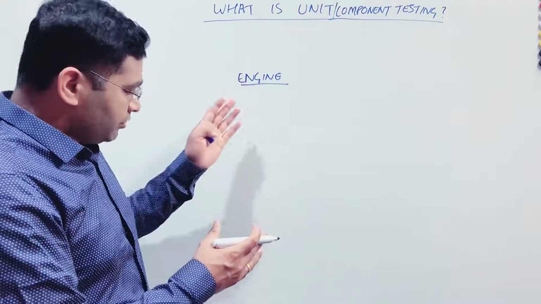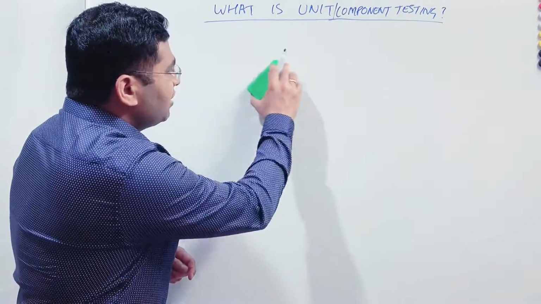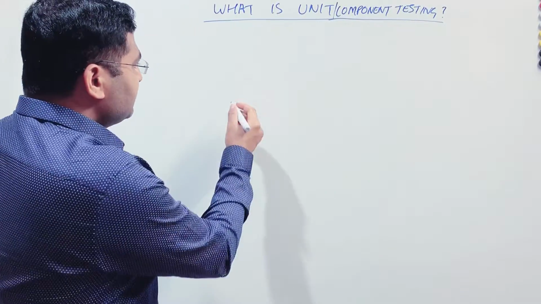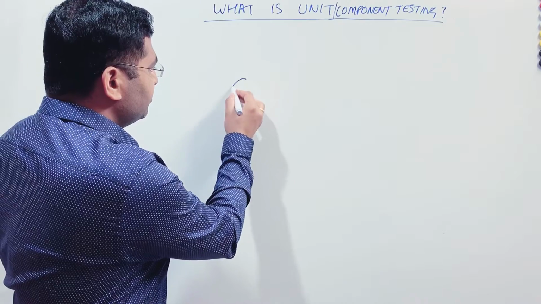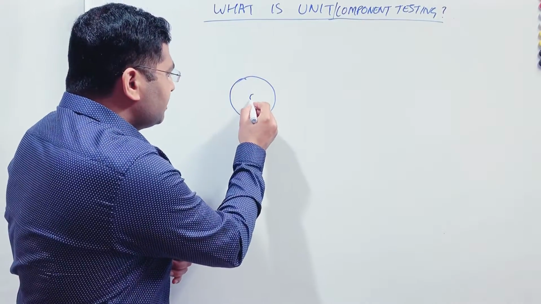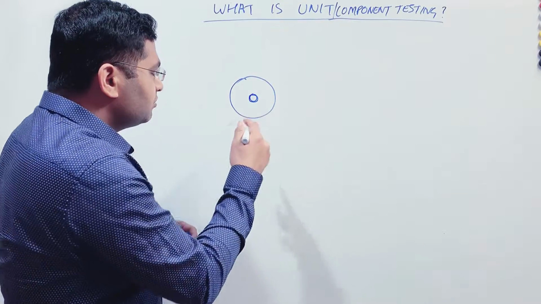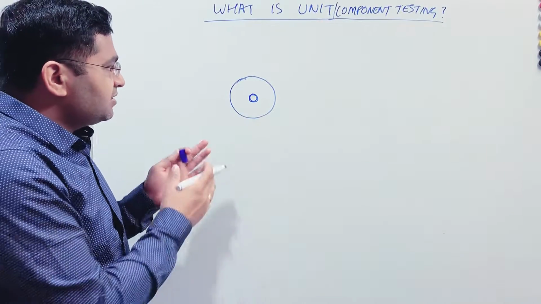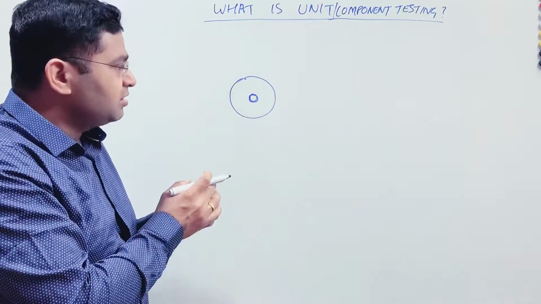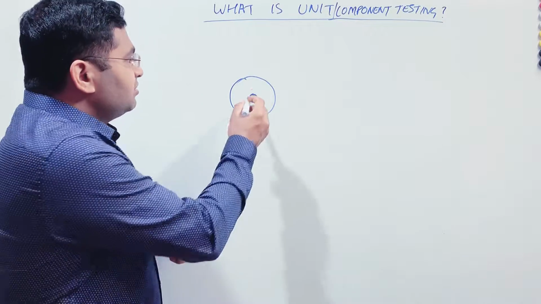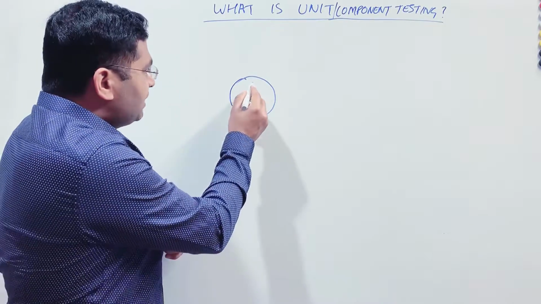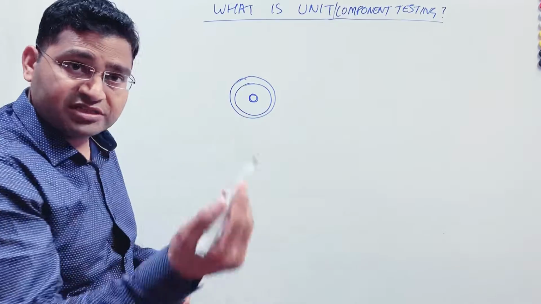All right, that's the analogy of the car and engine. Now I'll take an example of the tire. Do you think the tire will be a standalone unit that can be tested, or is it the smallest unit in the car? I think the wheel will have the tire, and the tire can be tested separately.